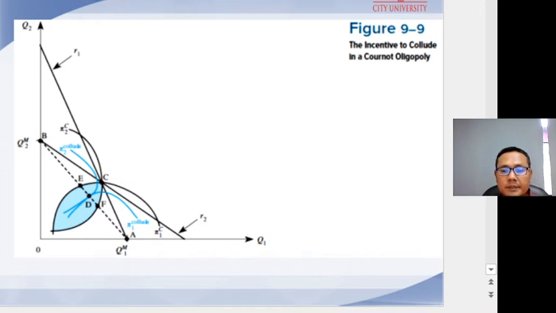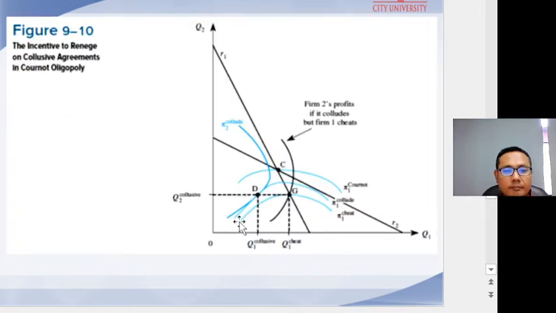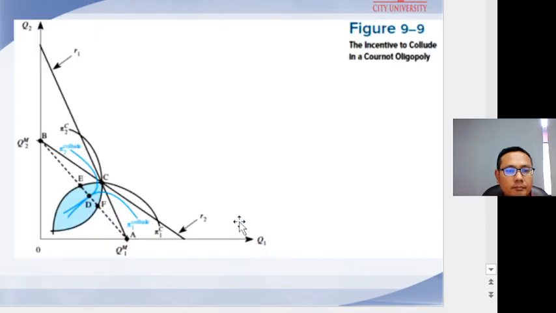Okay, so under the monopoly, collusion leads to a price that exceeds marginal cost and output below the socially optimal level, and that means deadweight loss. However, the colluding firms enjoy higher profit than they would earn if they competed as Cournot oligopolies.